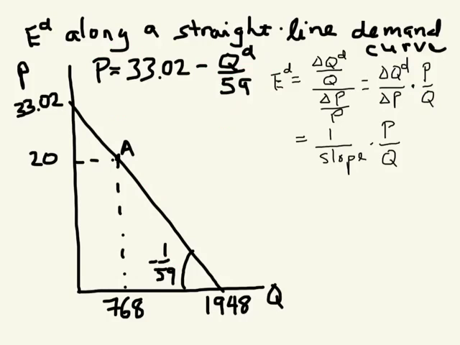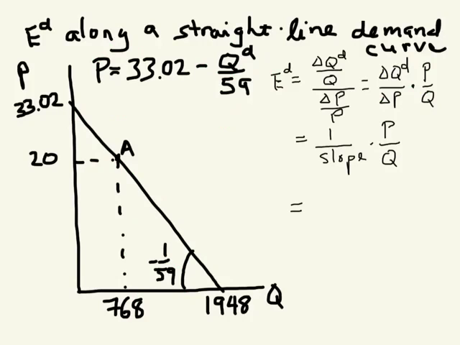So we can just plug numbers. We have the slope, it's negative 1 over 59. We know P, that's 20. And we know Q, that's 768. Anytime you have a straight line and one point, you can just start plugging numbers.